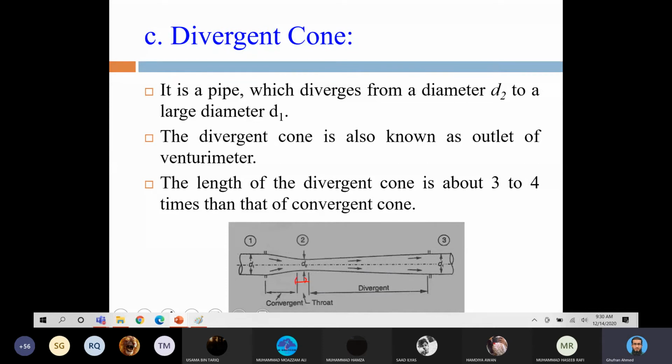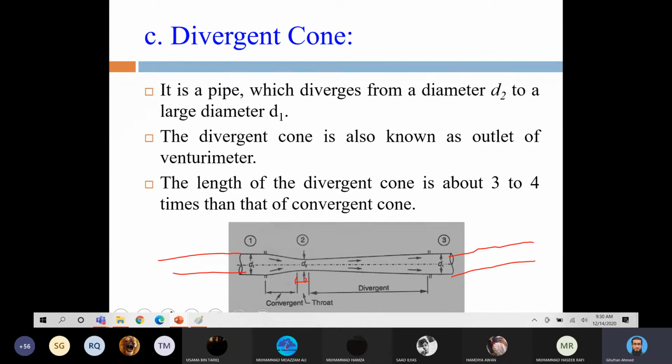And finally, we have the divergent section, which is diverging. It is a pipe which diverges from a diameter D2 to a larger diameter D1, the diameter of the pipe. So the last part of this Venturi meter is the divergent cone, in which the diameter diverges to its original pipe diameter.